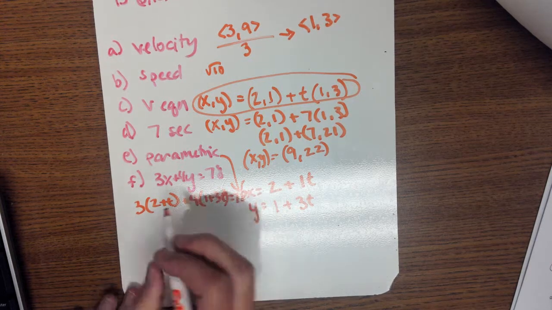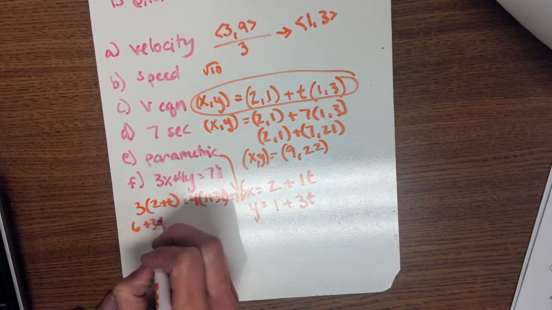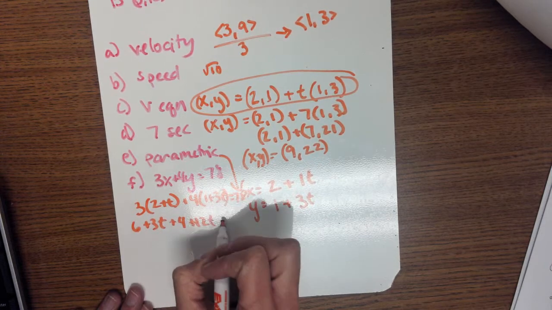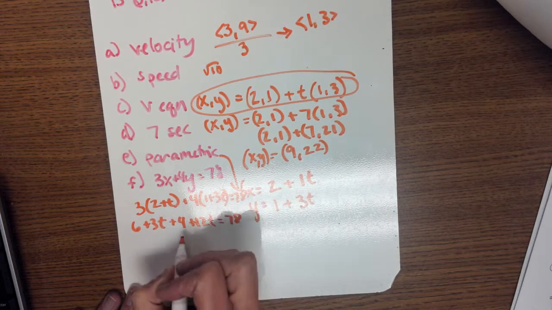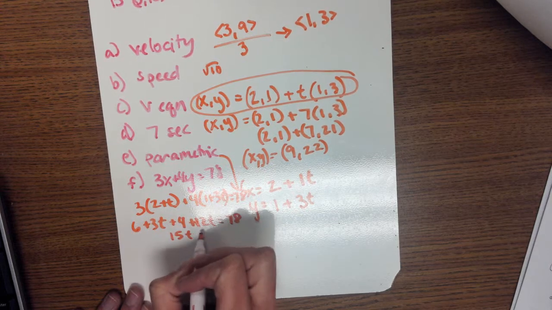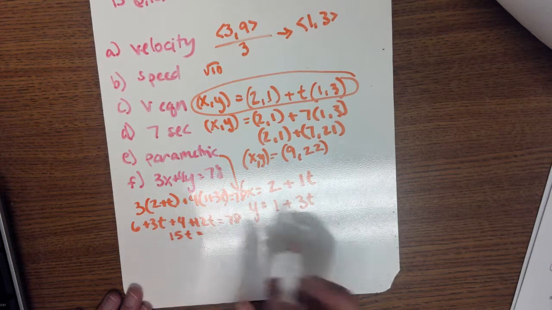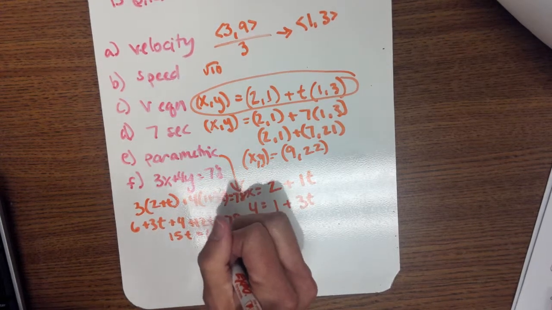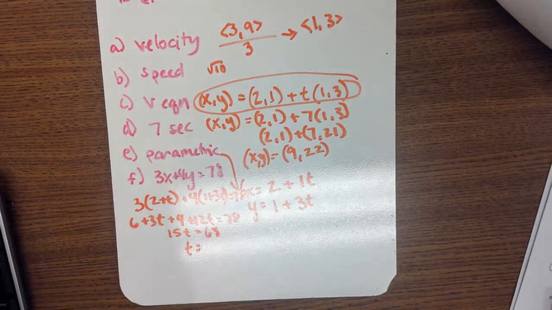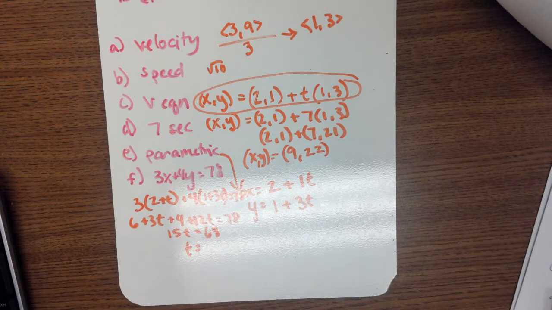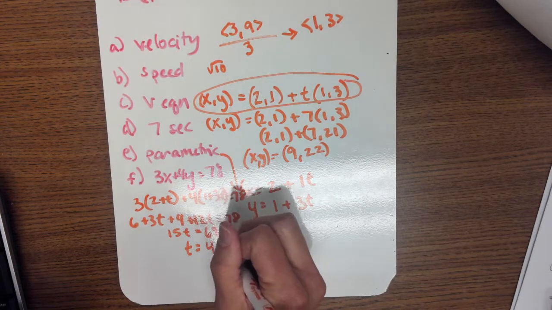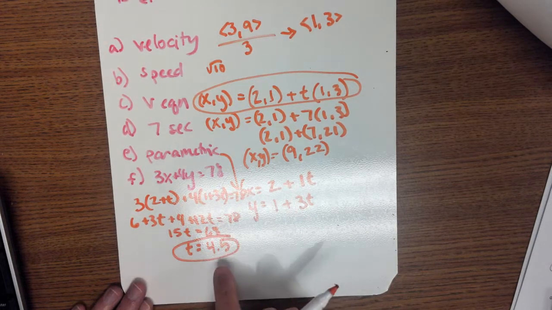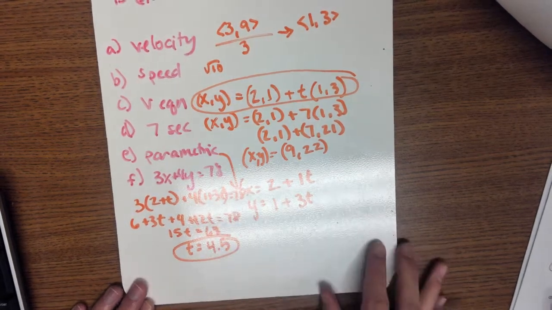This is getting crammed in here. 6 plus 3t, this is just straight up algebra, plus 12t is equal to 78. So I've got 15t, and it's equal to, let's see here, 78 minus 10 gives me 68. So 68 divided by 15 is going to give me 4.5 approximately. So 4.5 seconds is how long it's going to take to cross this line.